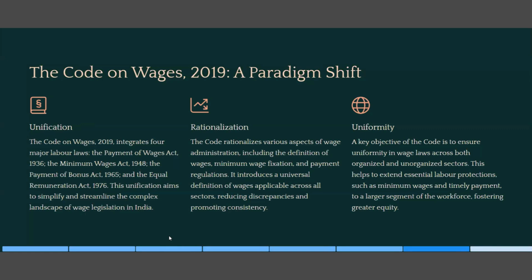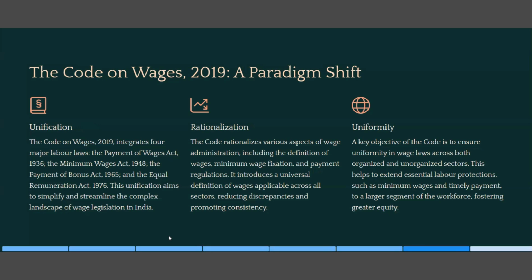Now coming to the rationalization. Bringing this code rationalizes various aspects of wage administration, including the definition of wages, minimum wage fixation and payment regulation. It introduces a universal definition of wages applicable across all sectors, reducing discrepancies and promoting consistency.